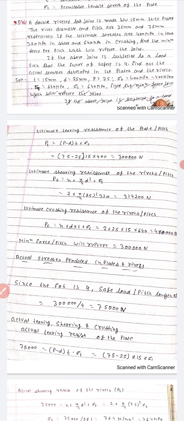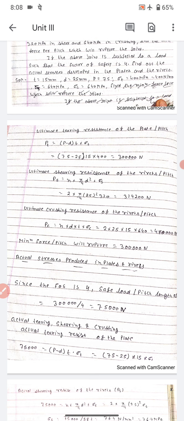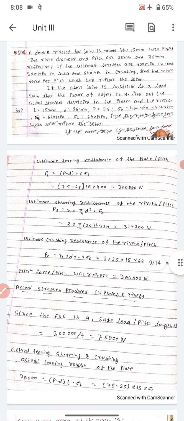The area under consideration will be d, that is the diameter of the rivet, into t, that is the thickness of the plate, into sigma c value, and collectively this is called the crushing resistance. Okay, now come to the point, that is the numerical.